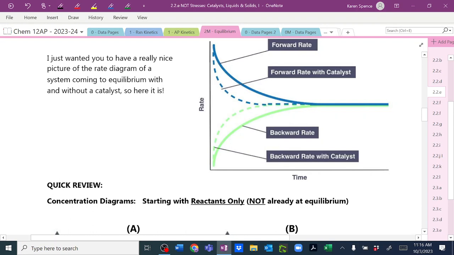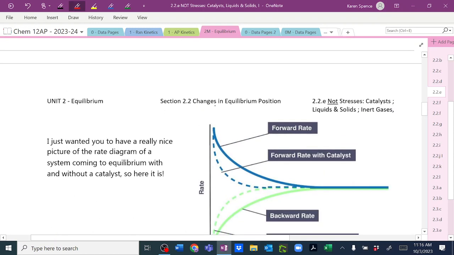Did you guys catch what he said? If you had a catalyst, your forward rate should be faster to start with, right? Anyway, the catalyzed one would all be higher because everything's faster, and they should both be equal but faster at equilibrium. Good news. I would bet money that you will not have to draw that diagram from catalyst to non-catalyst. It's just to give you that information.